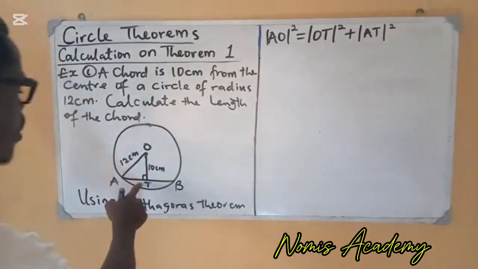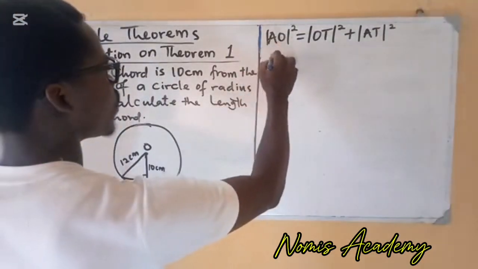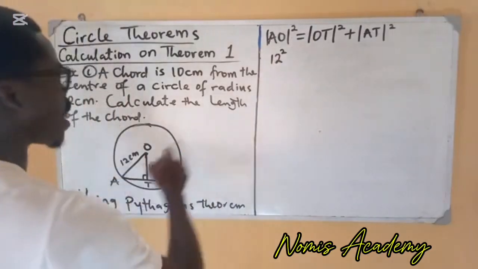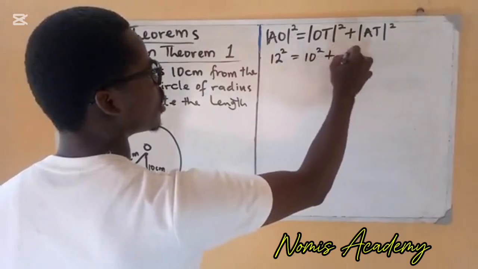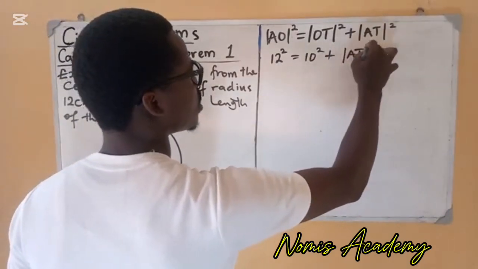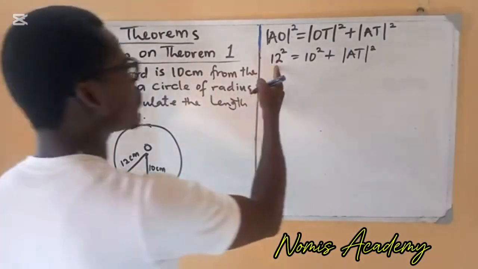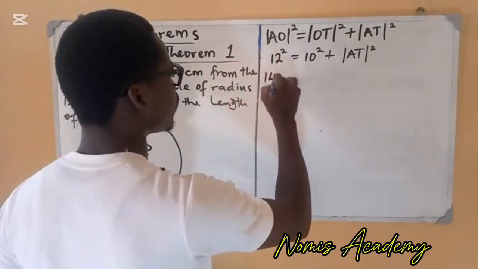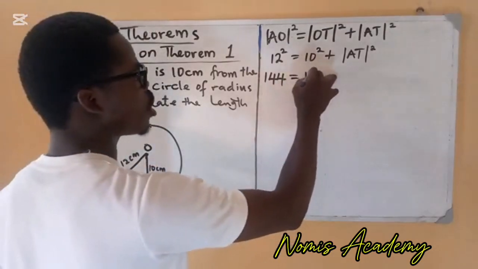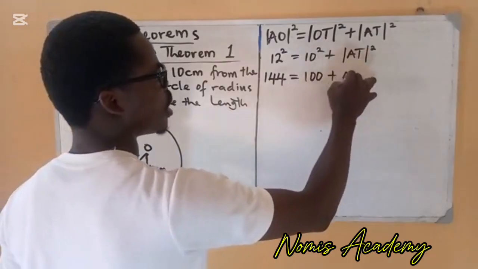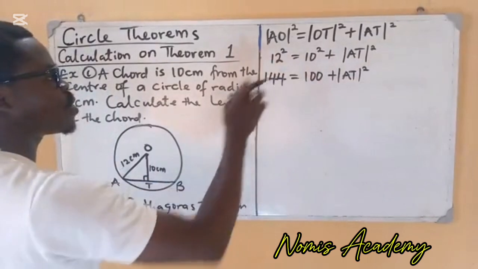Now to find AT, let's slot in the value of AO, which is 12 square, and OT is 10 square, plus AT square. So we are looking for AT. Alright, so 12 square is 144, equal to 100 plus AT raised to the power of 2. So let's move this to the other side.